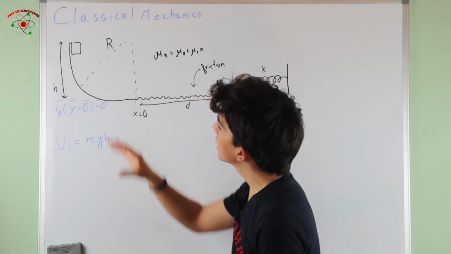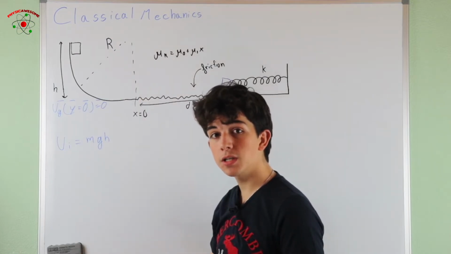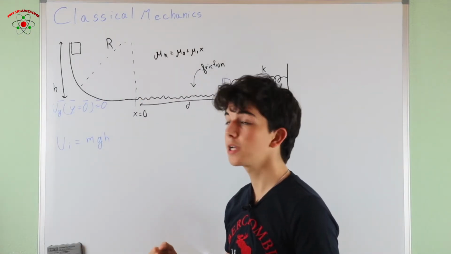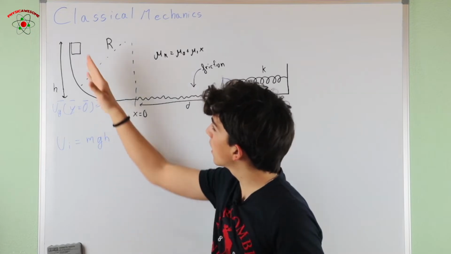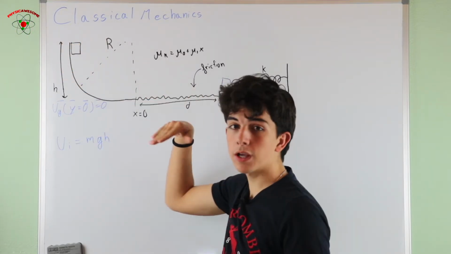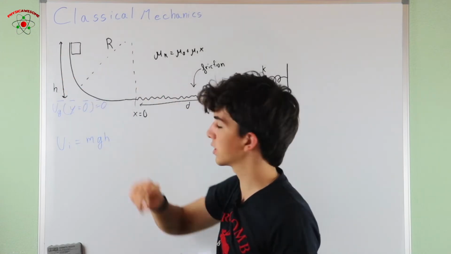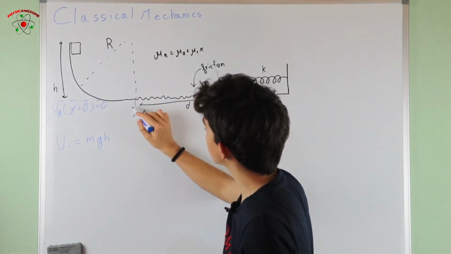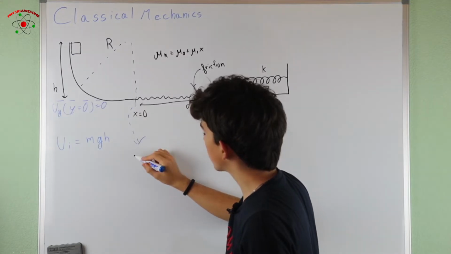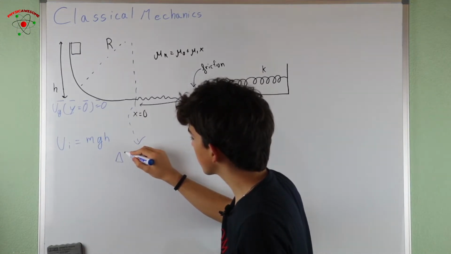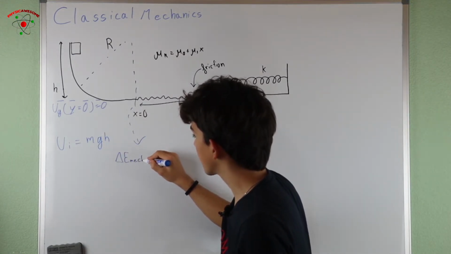Therefore, as it is falling, the potential energy is being transformed into kinetic energy. And this slope helps it become kinetic energy in this direction as it is frictionless. So, at this point, we know that the change in mechanical energy has been 0.